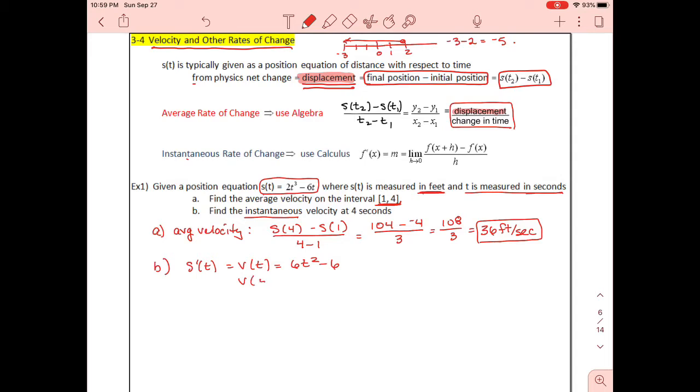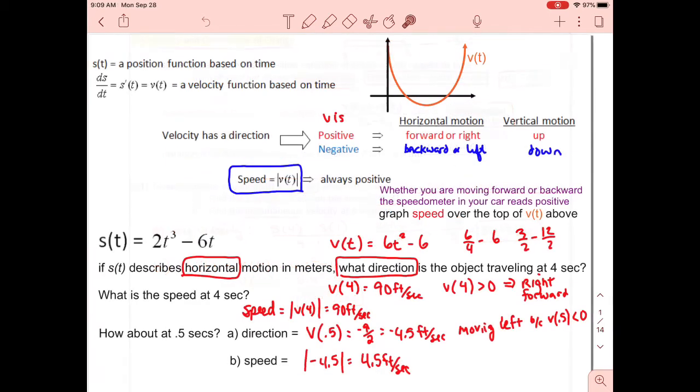We want the velocity at the 4 second mark, so v of 4 is going to be 6 times 4 squared minus 6. 4 squared is 16 times 6 is 96, minus 6 is 90 feet per second. That is my instantaneous velocity at t equals 4 seconds.